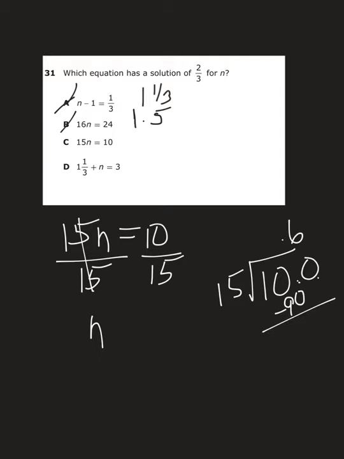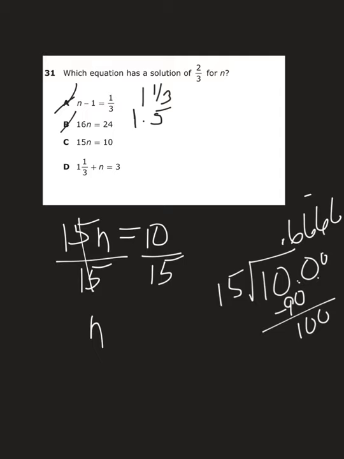Trying to leave enough room over here. So 100 minus 90 is 10. Looks like it's going to repeat. It's going to be 6. It's just going to keep repeating. So that's when we would put our repeating decimal line over there.